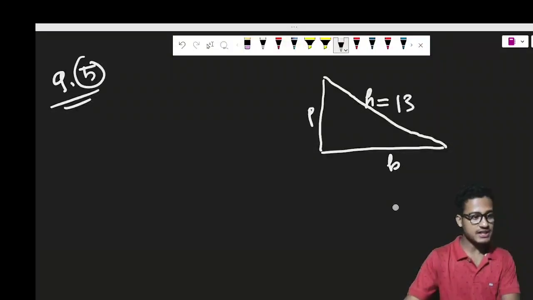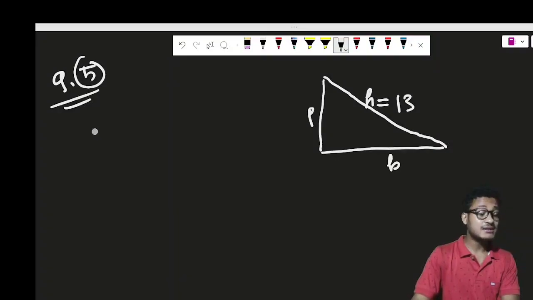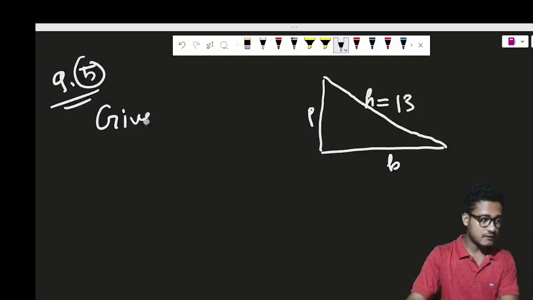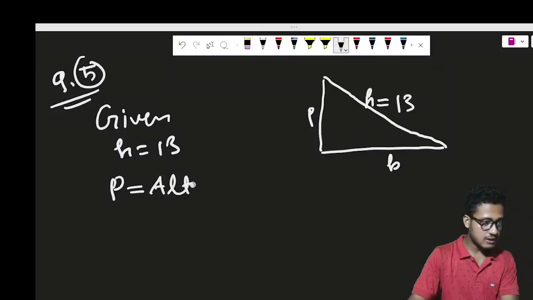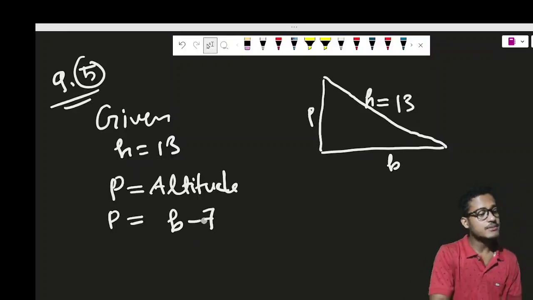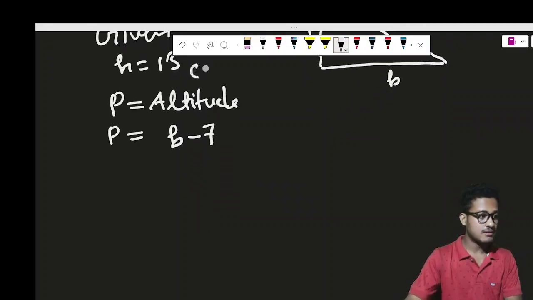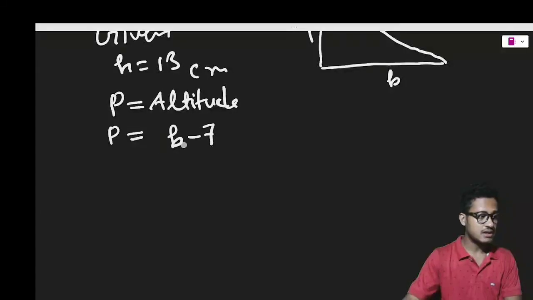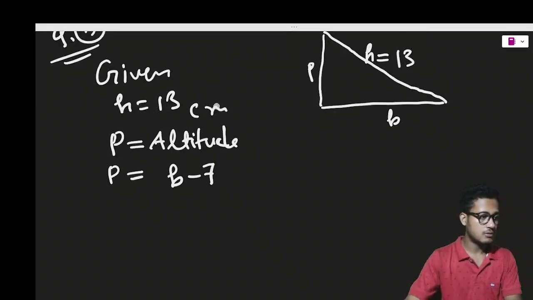Hypotenuse is given as 13 centimeter, and we are given that altitude is 7 centimeter less than the base. So h is equal to 13, and p, the perpendicular, is called altitude. P is equal to b minus 7.